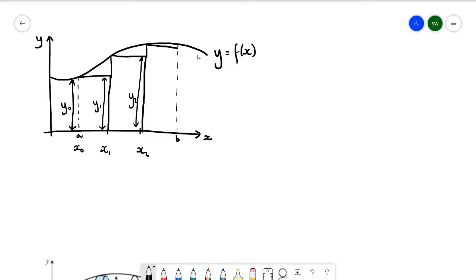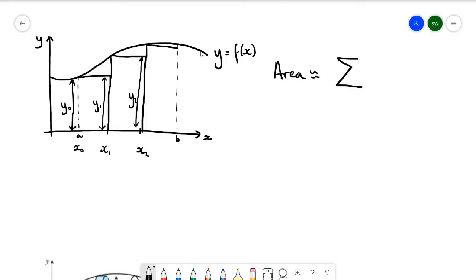A good approximation of the area, or well, it's not very good in this case because we've only got 3 rectangles, but an approximation would be to say that the area is approximately equal to the sum of each of these rectangle areas added up. We could write that using sigma notation.